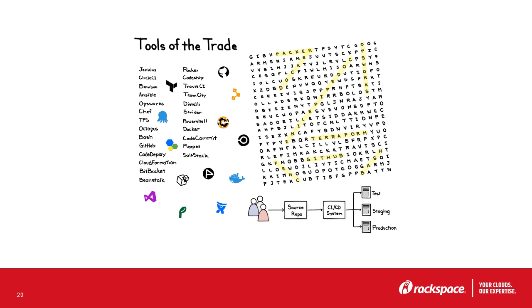So again, a big eye chart on here. There are lots of tools out there. I encourage anybody who's going down this path to start looking at these tools and start thinking about how you're going to use these tools in your environment from day one.